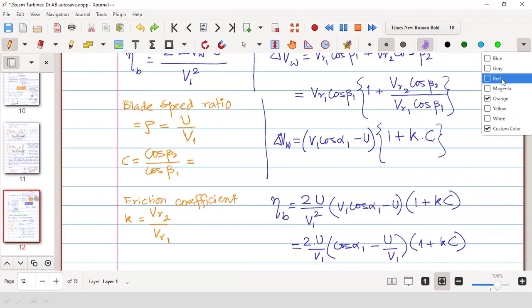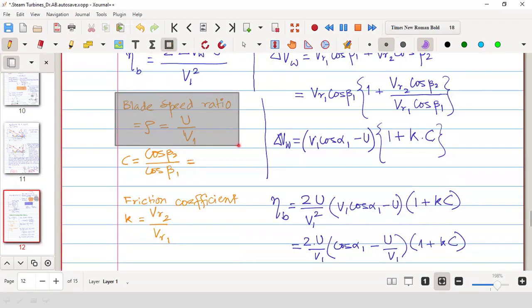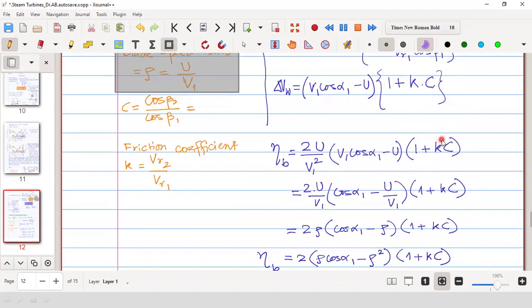So it depends on the blade speed ratio only. Because for a particular design, the value of 1 plus Kc is constant.